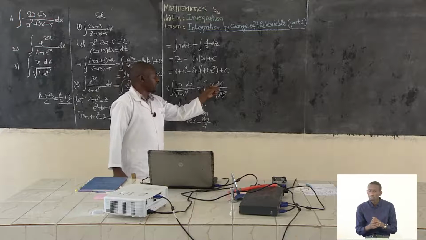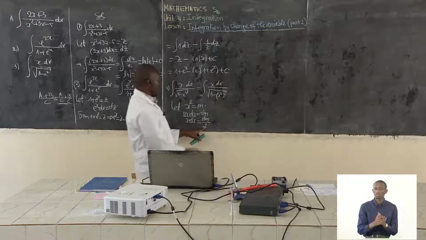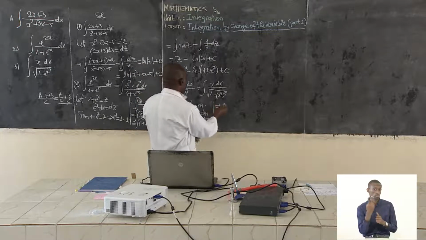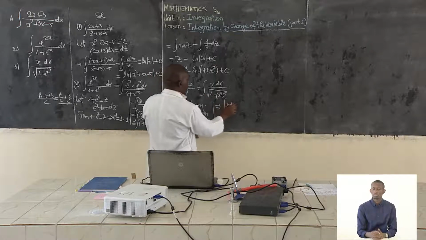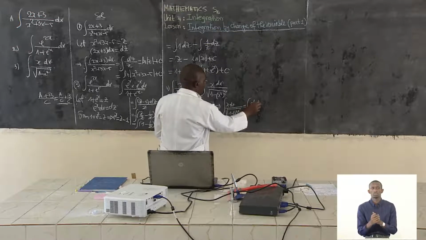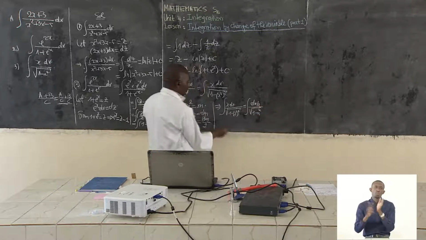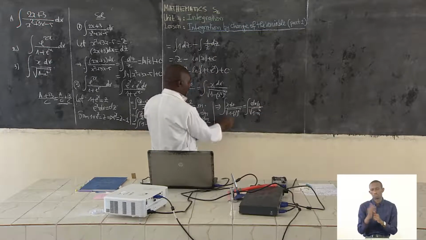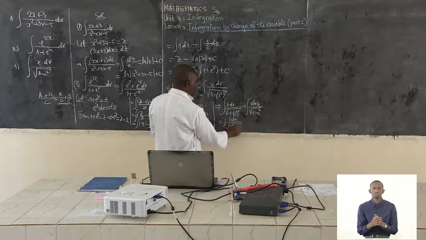Then my integral becomes integral of x dx over square root of 1 minus x squared, squared, which is equal to integral of dm over 2 square root of 1 minus m squared. That is a half integral of dm divided by square root of 1 minus m squared.